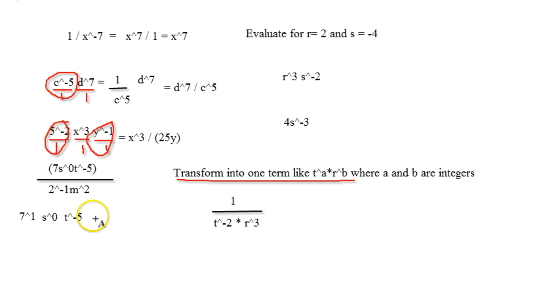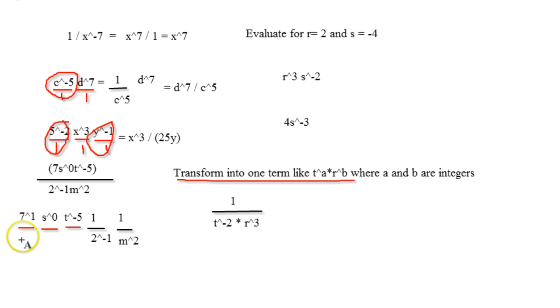Okay, and then over here we have 1 over 2 to the negative 1. And then we also have 1 over m squared. Okay, and then what we do is we just put these over 1. So these ones over 1.